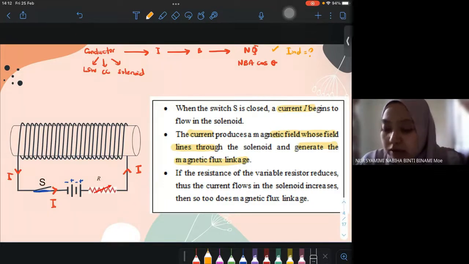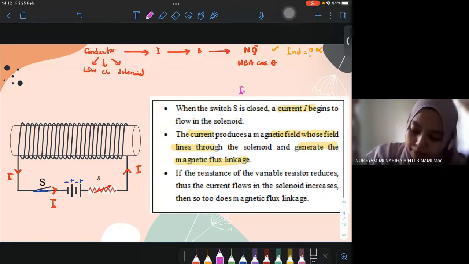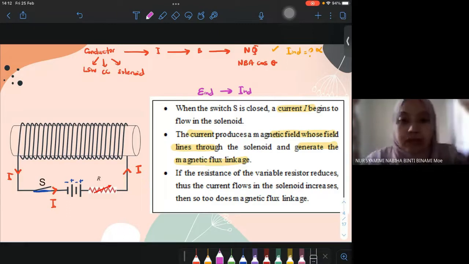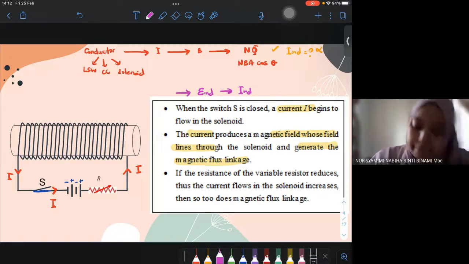Sebab syarat untuk I induce perlu ada E induce. Dan apa syarat untuk ada E induce? Change in magnetic flux. Yes, change in magnetic flux which is dia perlu ada dΦ over dt. Okay, up until apa yang saya terangkan tadi, dia hanya ada flux. Dia belum ada change in flux.